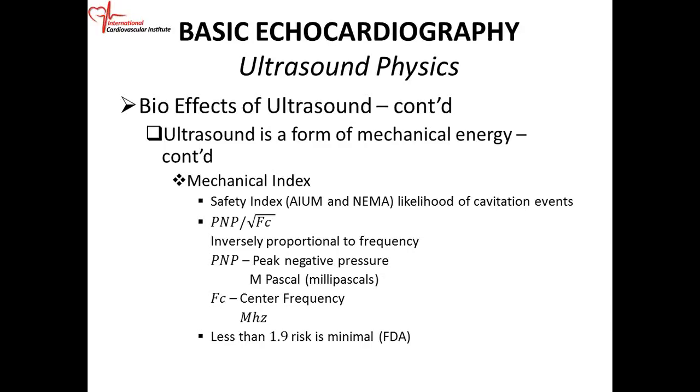And it is defined as the peak negative pressure divided by the central frequency, or the center frequency. So it's PNP divided by FC. And as I say, it is MI, that's the mechanical index. It is basically the likelihood of cavitation events forming. So if you look closely, you'll see that it's inversely proportional to the frequency.